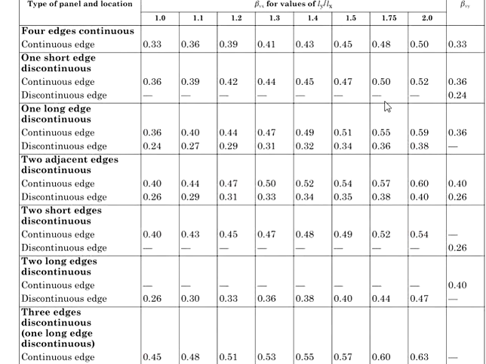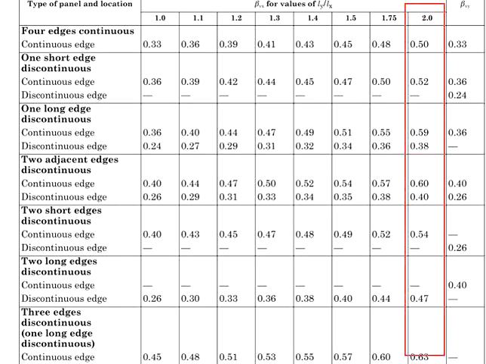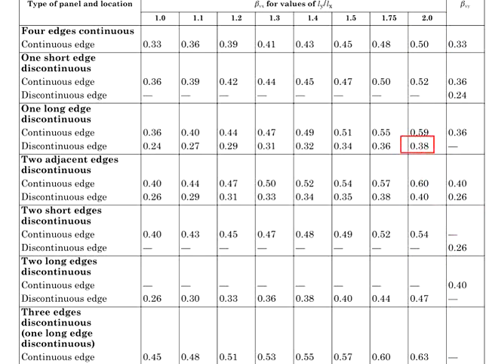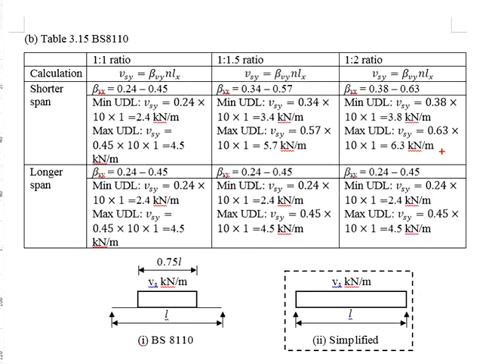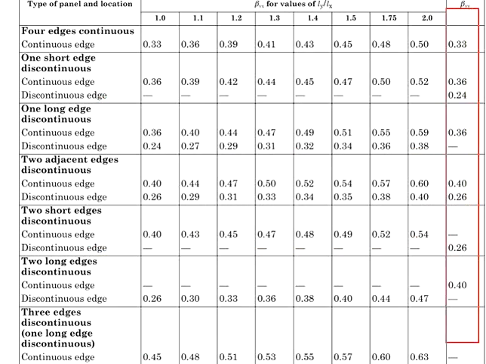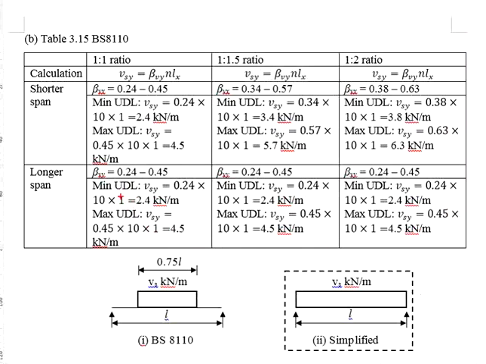Then you repeat the process for Ly per Lx equals 2.0, giving you a range of 0.38 to 0.63. That gives you the UDL of 3.8 kN per meter and 6.3 kN per meter. For the shorter span, we are referring to the same column, and therefore the loadings remain.